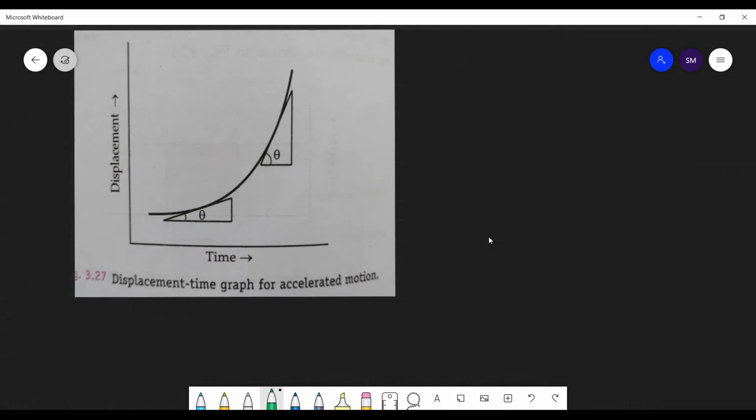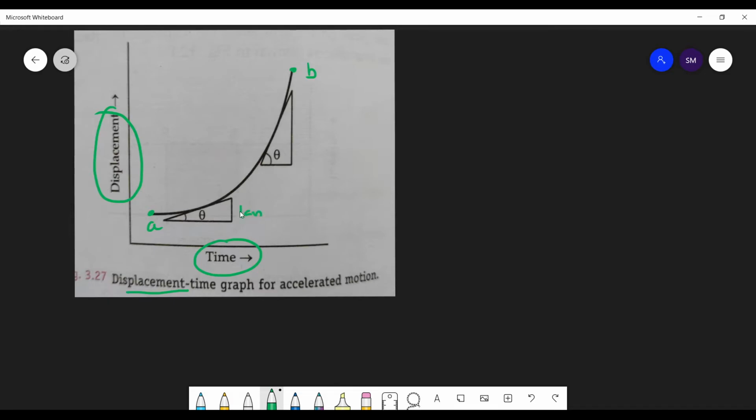So this is the graph from point, remember, A to B. But here, instead of position, I have displacement and time. So this is a displacement-time graph. See here, students, I have drawn in this figure very clearly that this is theta.